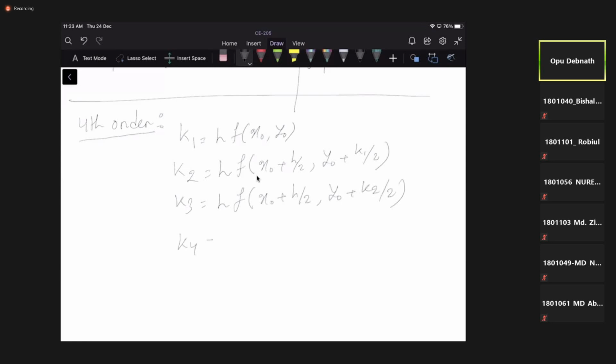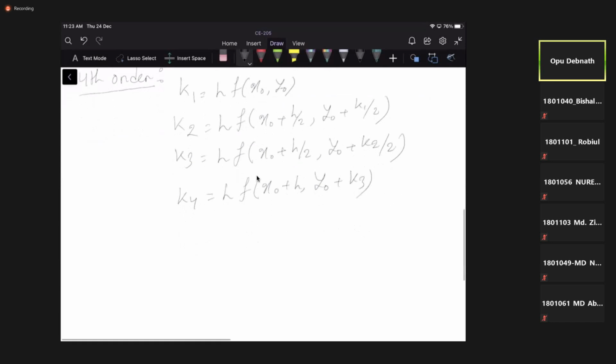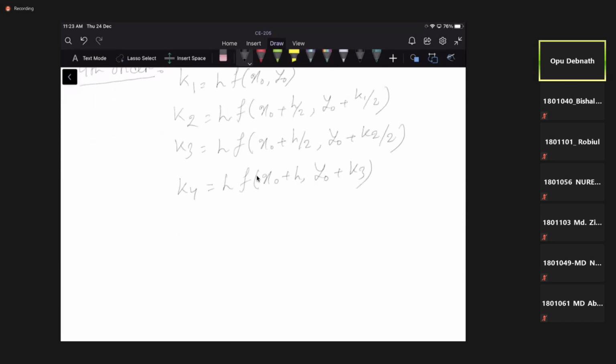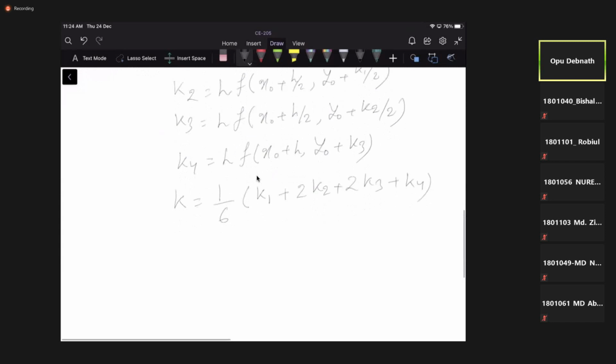And the k4 value will be h multiplied by function of x0 plus h and y0 plus k3. So finally you will get k1 to k4, then calculate the k value, 1 by 6 of k1 plus 2 k2 plus 2 k3 plus k4, and y1 is equal to y0 plus k.